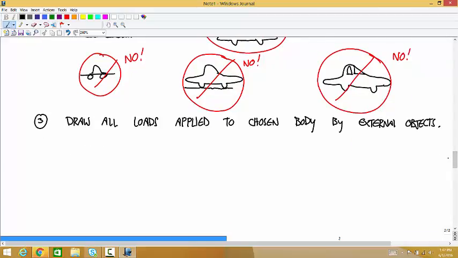That can sometimes be a little bit daunting when you look at a complicated problem: what are all the forces?